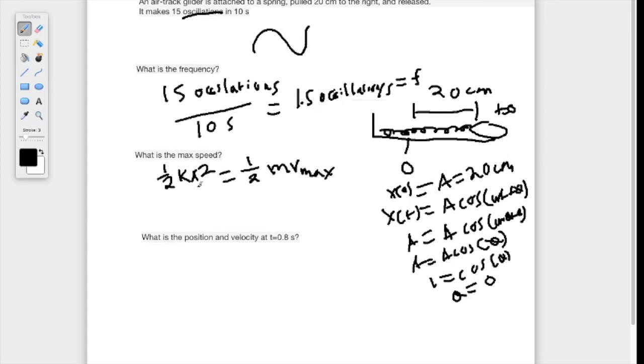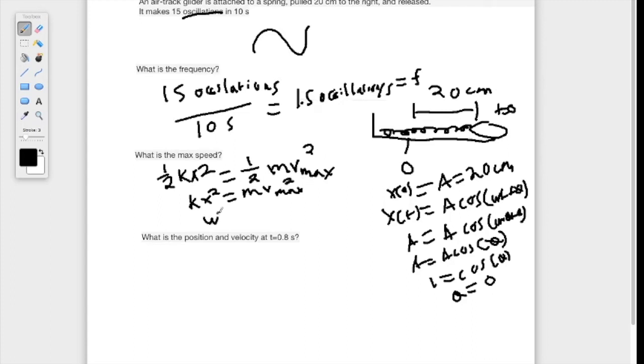So with the amplitude, we can find the total energy. So we get k x squared equals m v max squared.